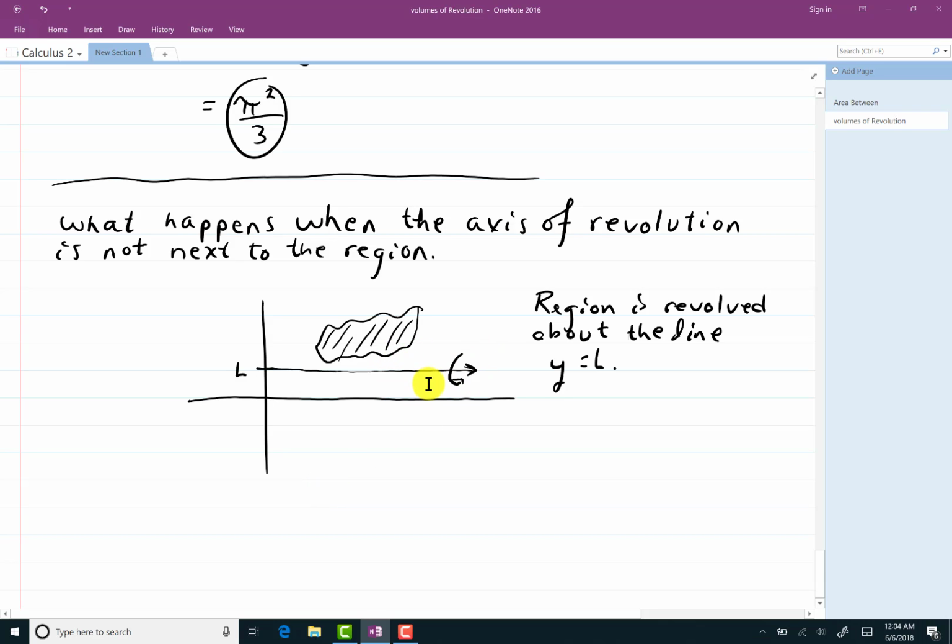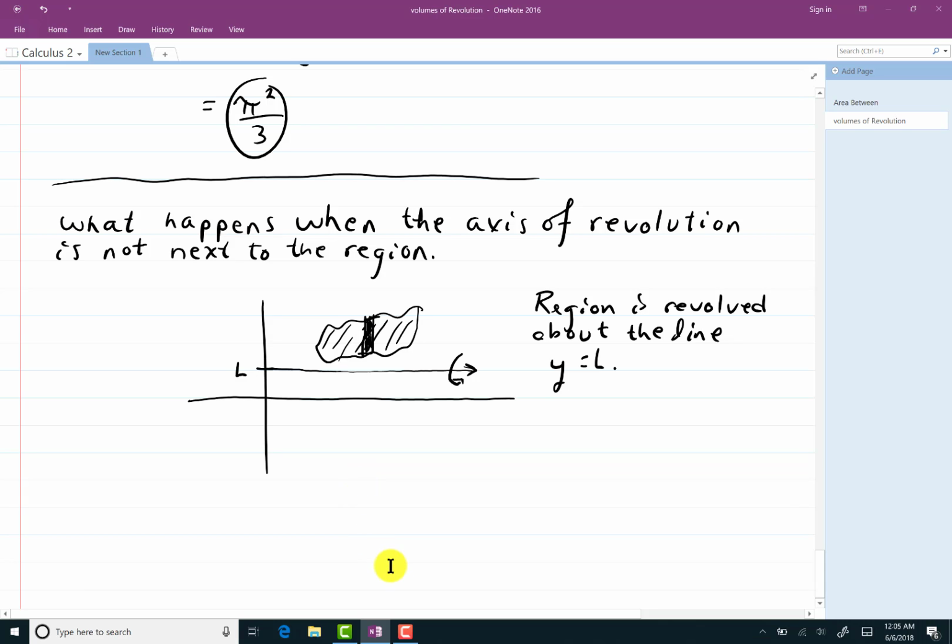What are you going to do? If you take a look and you make these rectangles like we did before, and you revolve a rectangle about this line, here's what's going to happen. You're going to get the shape of a washer.